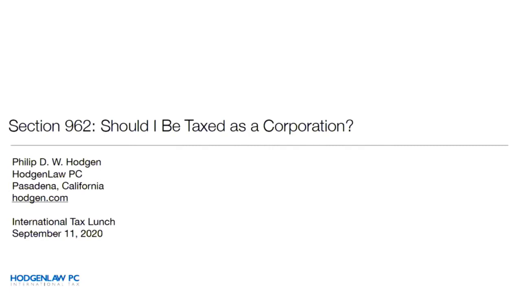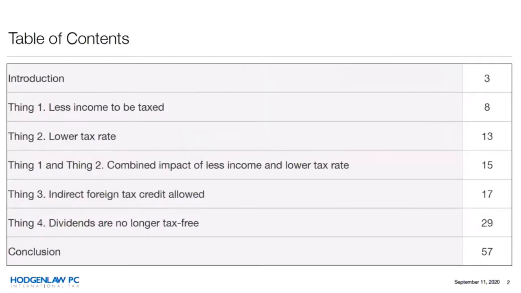Anyway, let's launch. Here's our table of contents, and there's a little clue here. Thing 1, Thing 2, Thing 3, Thing 4. The Section 962 election toggles a different tax result under 4 different code sections. It creates less inclusion of gross income, and that's Section 250. It creates a lower tax rate. It invokes Section 11, the corporate income tax rate section, rather than Section 1, the human tax rate section.